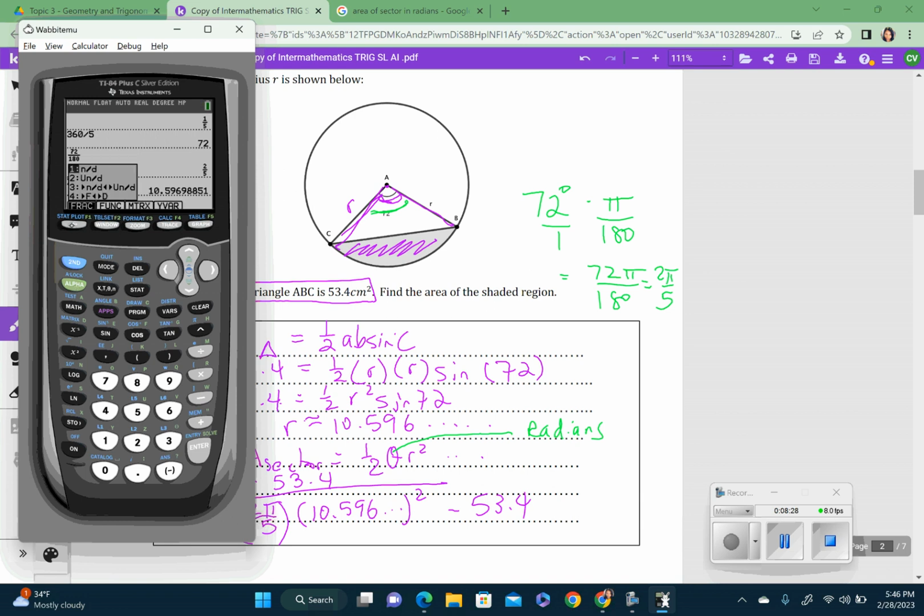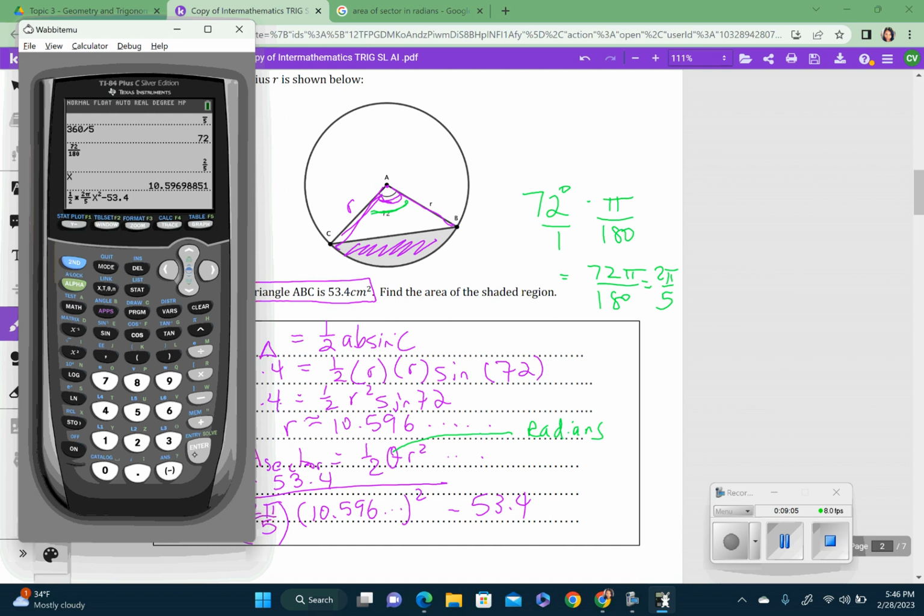So alpha y equals option number 1. I'm going to type my 1/2. Then I'm going to go over here, and it's times, and I'm plugging in 2 pi over 5. So alpha y equals, again, option number 1, 2 pi over 5. And again, you should be doing this yourself. Do not just wait for me to do it. And now I'm going to take my radius squared, which is x. That's stored for x. So I'm going to do x squared. And then I'm going to do minus 53.4.